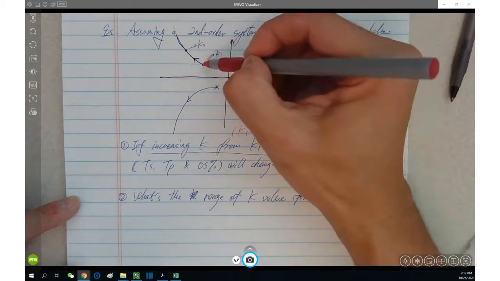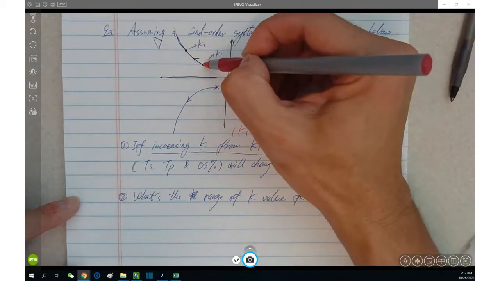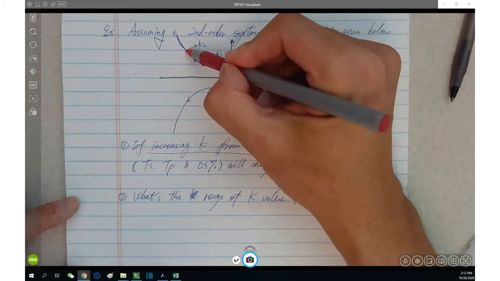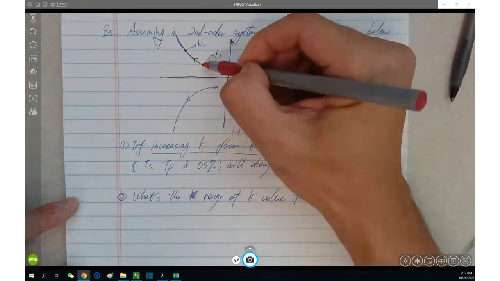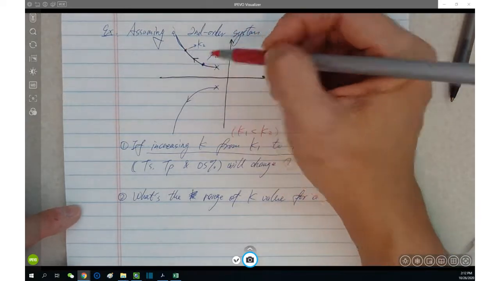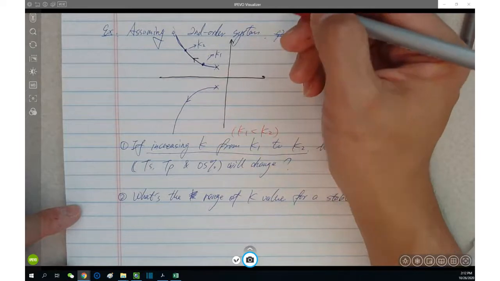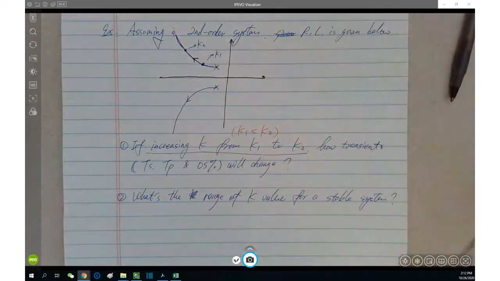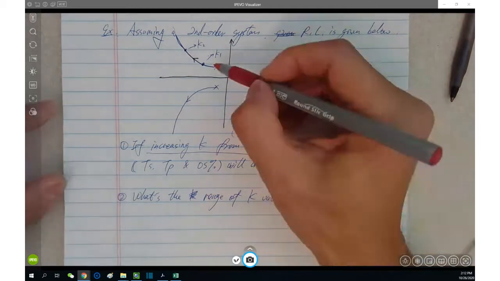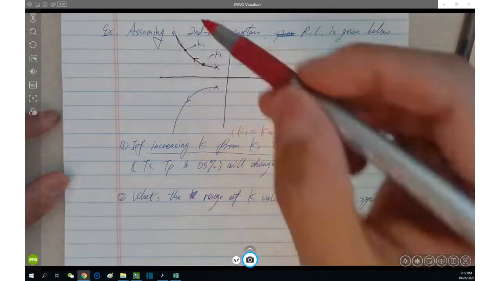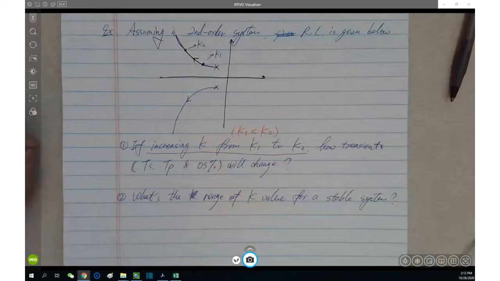So obviously this point happens before this point, so this one has a smaller K value. Yes, the definition of root locus, that's correct. This is the movement with the increase of K value. That's why K1 is less than K2.